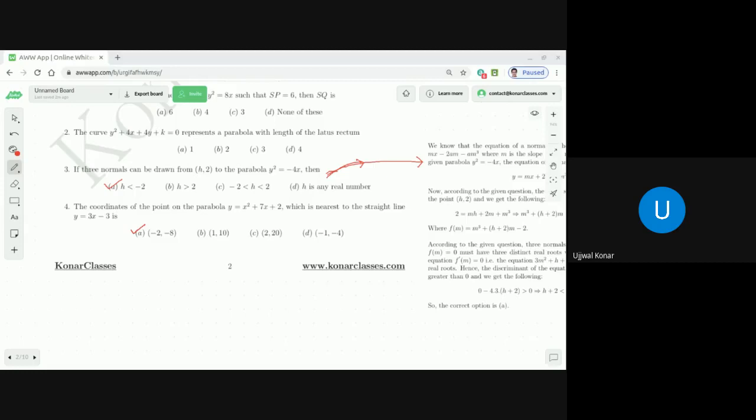Now the value of dy/dx at the point (alpha, beta) is 2 alpha plus 7. According to the condition, 2 alpha plus 7 should be equal to 3, and we get alpha equal to -2. As alpha is -2, the point (alpha, beta) satisfies the equation of the parabola y equal to x square plus 7x plus 2, and we get beta equal to -8.